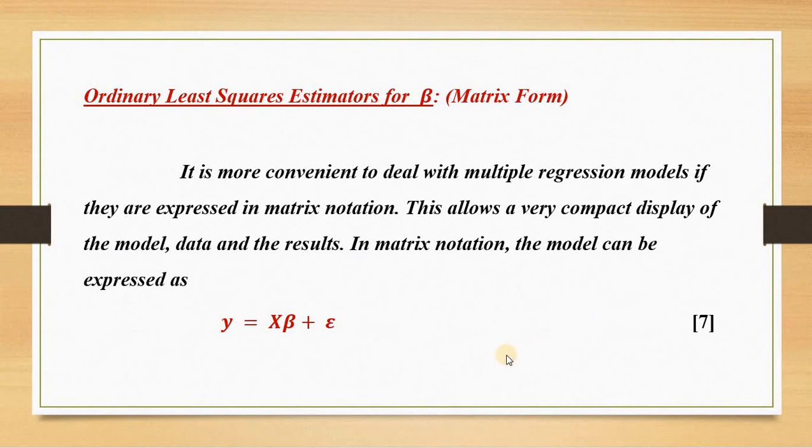Now the ordinary least squares estimators for beta in matrix form. It is more convenient to deal with the multiple regression model if it is expressed in matrix notation. This allows a very compact display of the model, data and the result. In matrix notation, the model can be expressed as y equal to x beta plus epsilon.